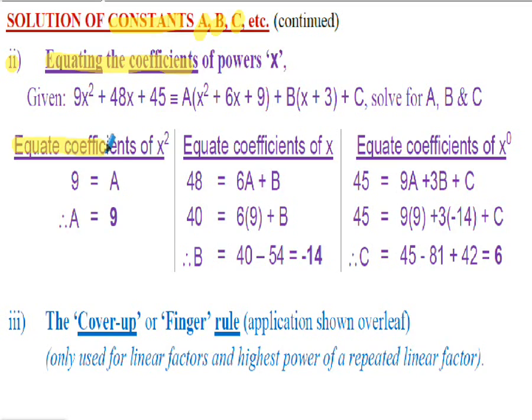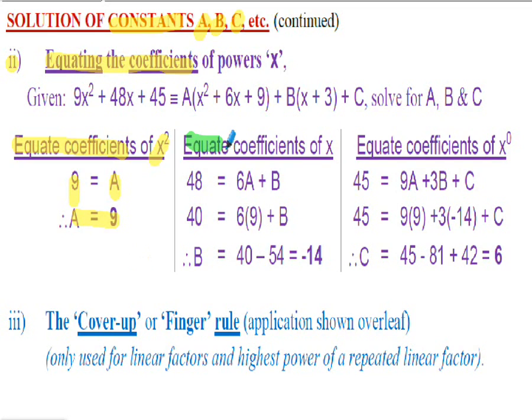Firstly, equating coefficients of the x squared terms, on the left hand side that would be 9, the coefficient associated with the x squared term, and on the right hand side that would be A, the constant associated with the x squared term. So in this case A was equal to 9.